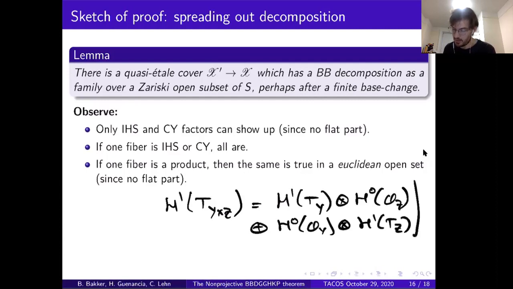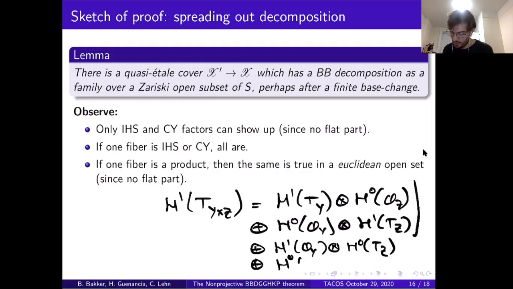Okay, and so these two together are sort of responsible for the deformations where you stay a product. But then you might have some other factors. You might have an H^1(O_Y) tensor H^0(T_Z) factor, and vice versa, whatever, H^0 of the tangent bundle of Y tensor H^1(O_Z).